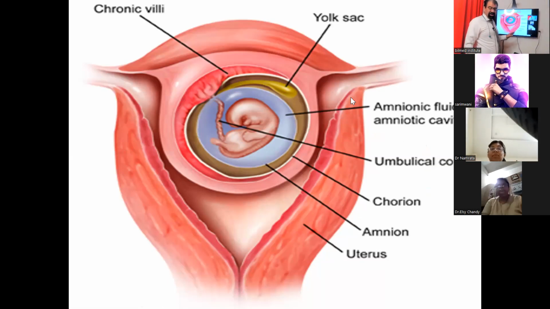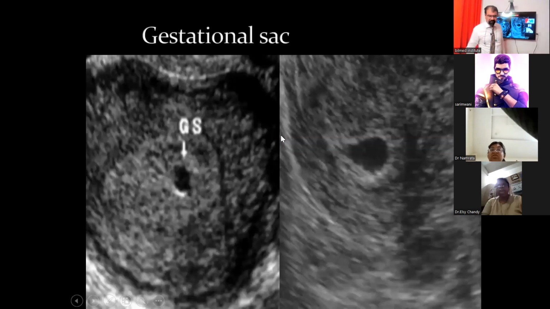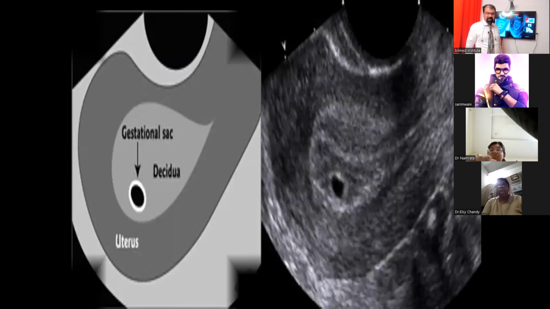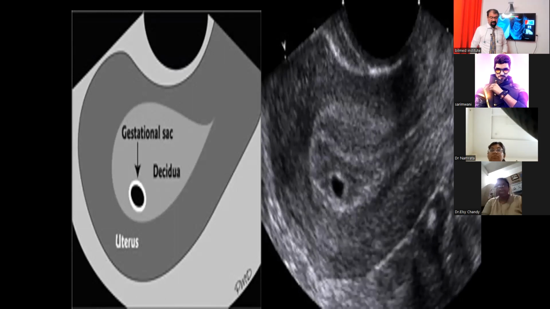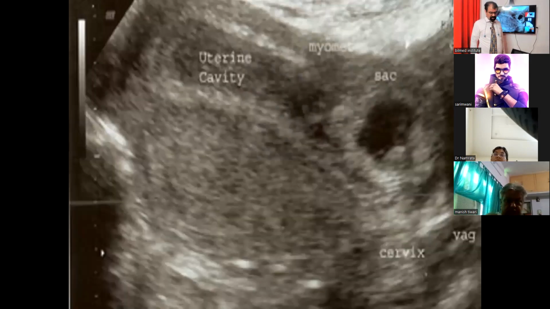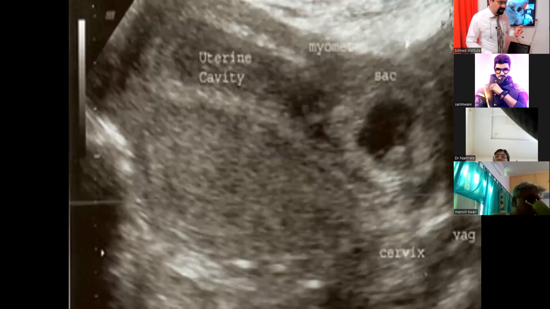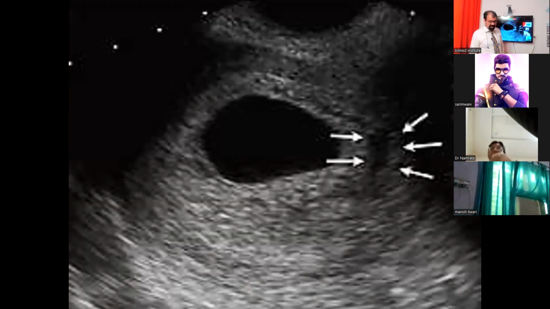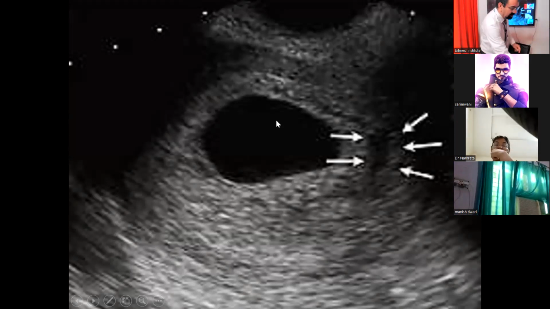So this is already discussed. Then we discussed the double decidual sign. We discussed the unobliterated uterine cavity. This is the double decidual sign which we discussed yesterday, and these are the pictures which we have yesterday discussed with you. So this is the left behind unobliterated uterine cavity, which is also discussed yesterday.